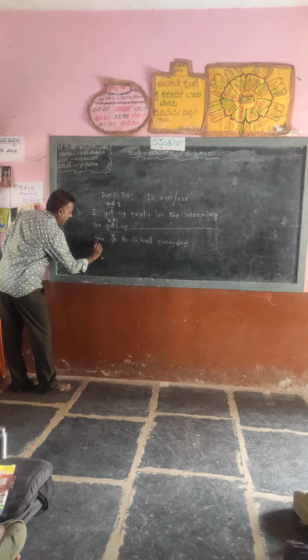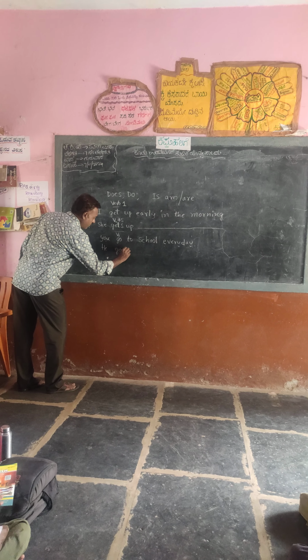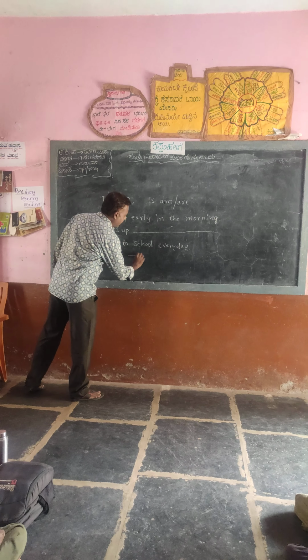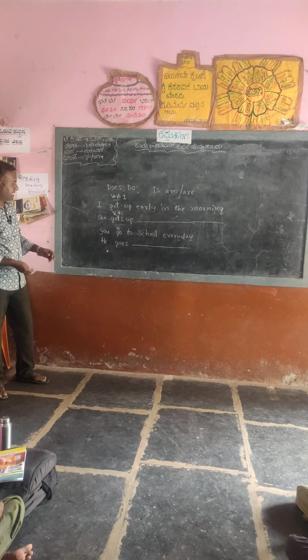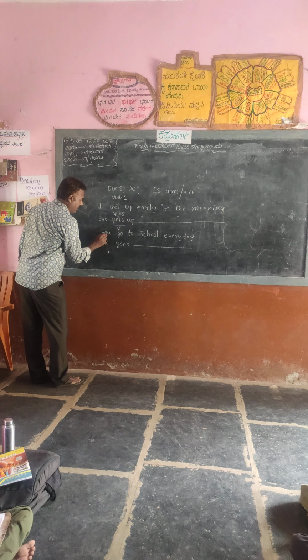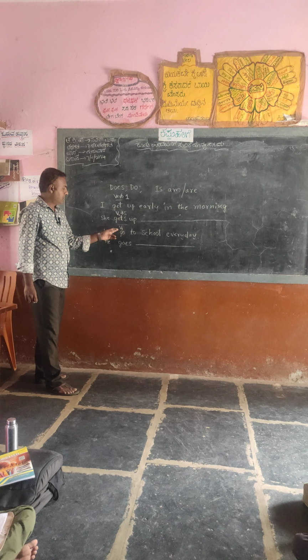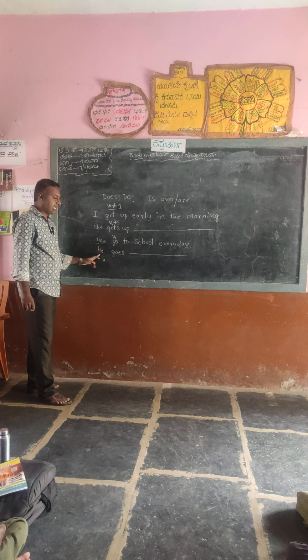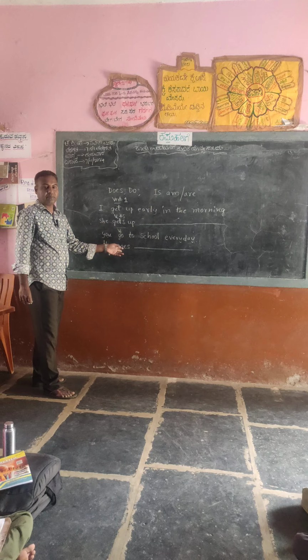So here you can write, he goes to school every day. Here we can see you have used a plural verb, that is V1. Here singular subject is there, you have to use singular verb. How to make singular verb?